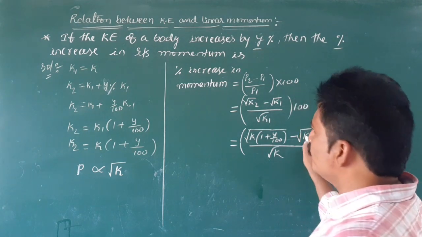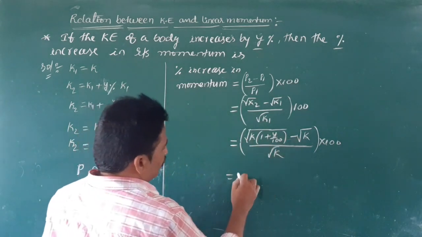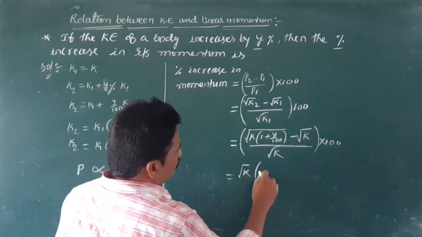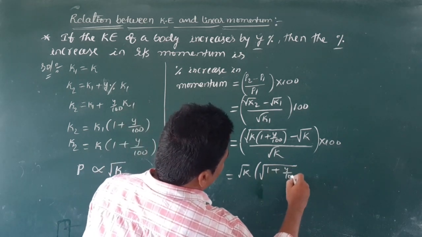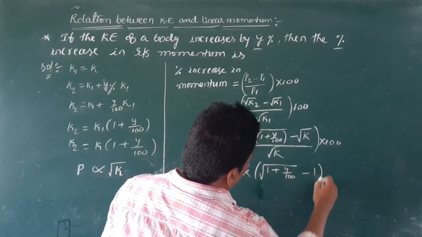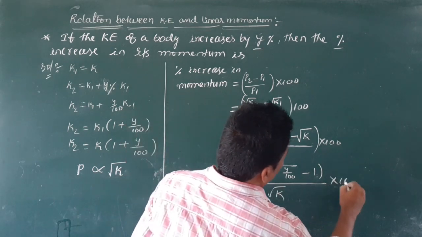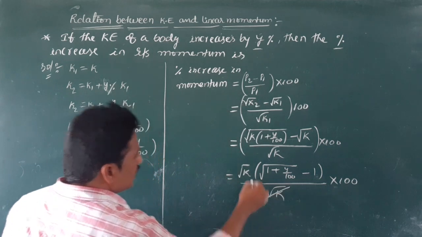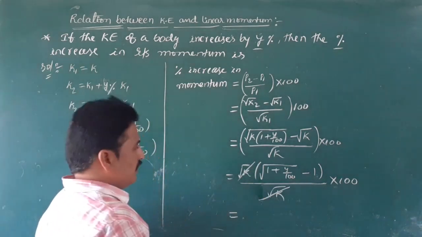Okay, students, here root K is taken common. Root K of (square root of 1 plus y by 100 minus 1) divided by root K, into 100, students. Root K gets cancelled. We get the final solution here.